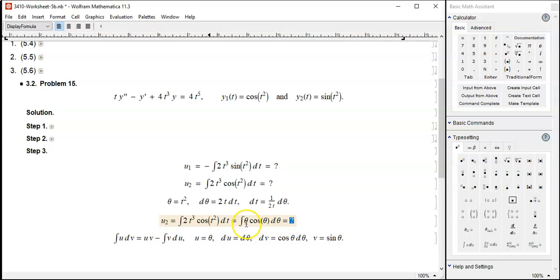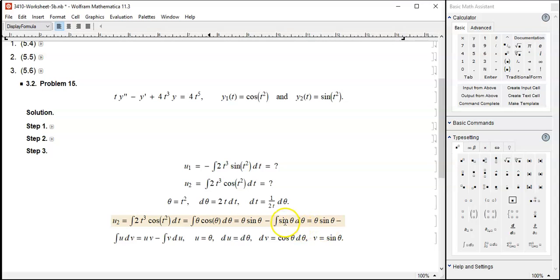This is u dv, isn't it? So uv: theta times sine of theta, minus the integral of v du, v is sine of theta, and du. Okay, we're almost there.